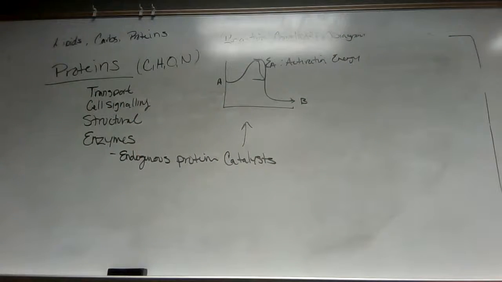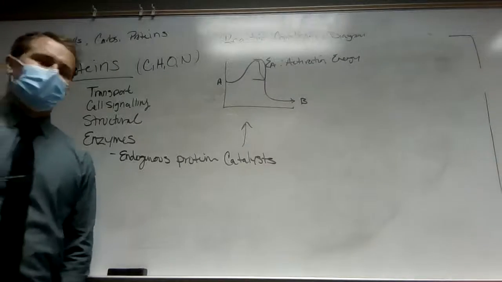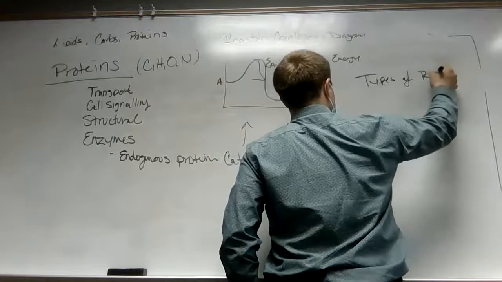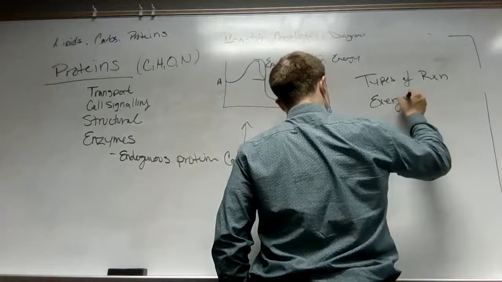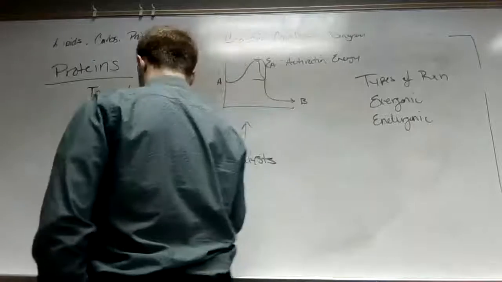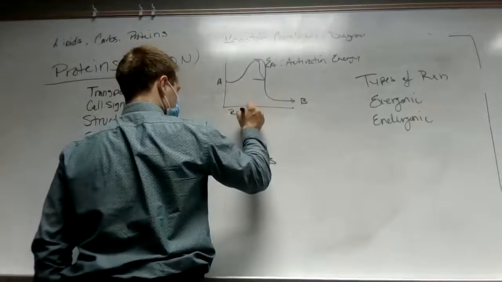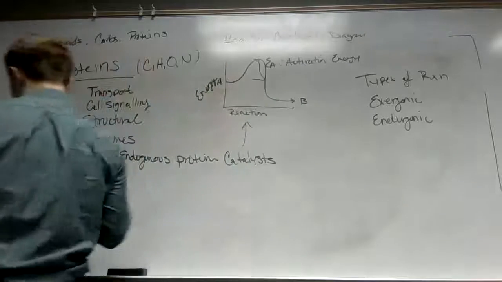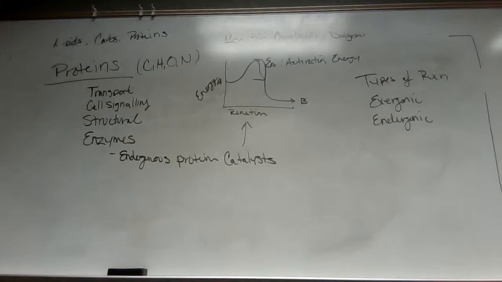This particular diagram, does it show an exergonic or an endergonic reaction? What are your thoughts? We got energy on the y-axis, the process of the reaction on the x-axis. It's going to be an exergonic or an endergonic reaction.